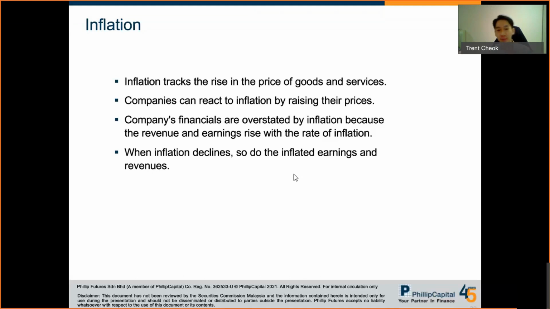And when inflation declines, when inflation drops back and their revenue reduces, then this company will also record lower earnings and revenue as well. So in a way, based on economic theory, inflation actually moves in tandem with the stock prices.